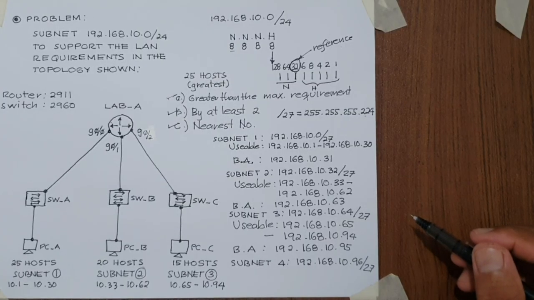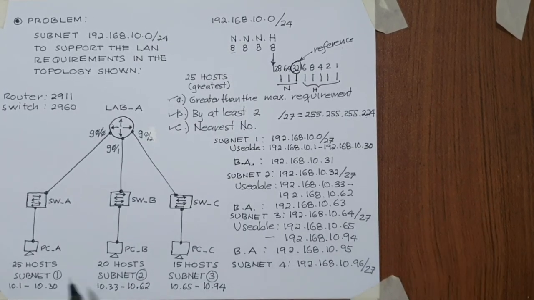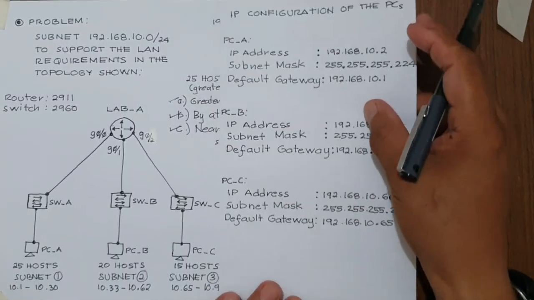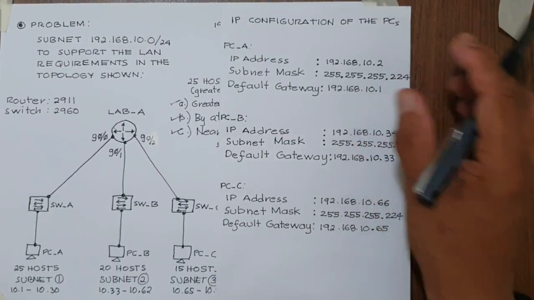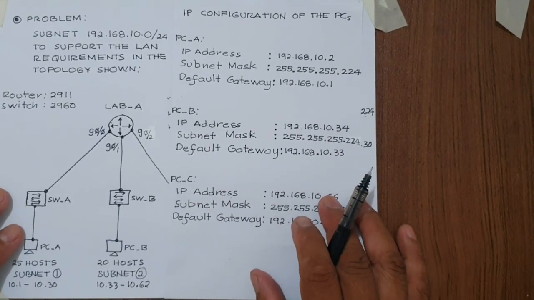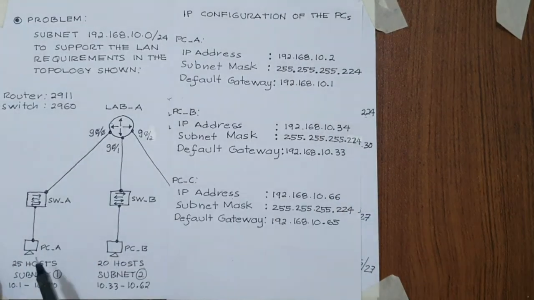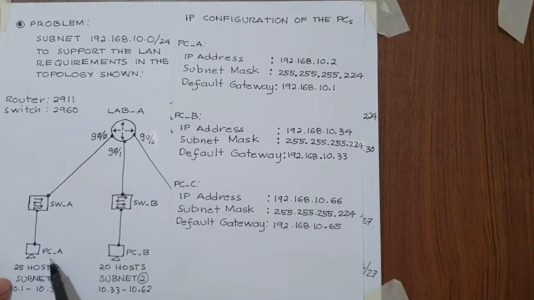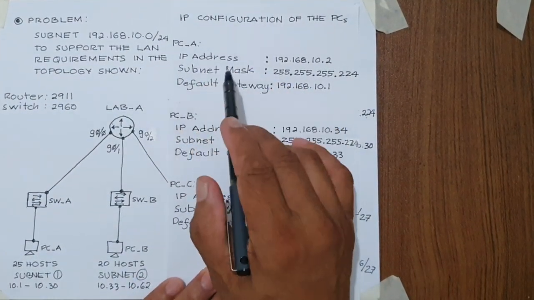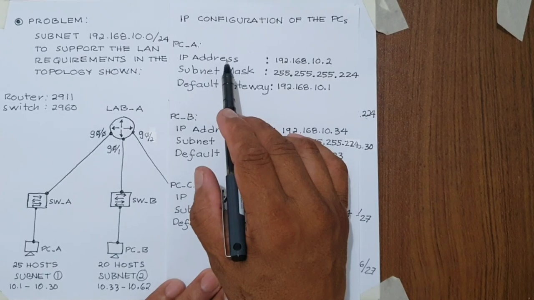Okay, so let us configure now the computers. Okay, this is now the configuration. Let's start with the PCA here. We will now configure PCA with its IP address.